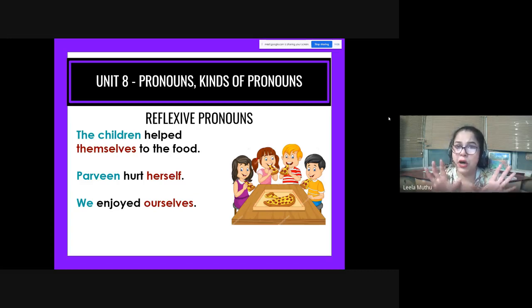So now I'm going to show you how it is acting as an object. The children helped whom to the food? Themselves. So the subject is the children. The object of the sentence is the children themselves. So the reflexive pronouns act as objects to the subject in the sentence. Parveen hurt herself. Parveen is the subject. Parveen hurt who?